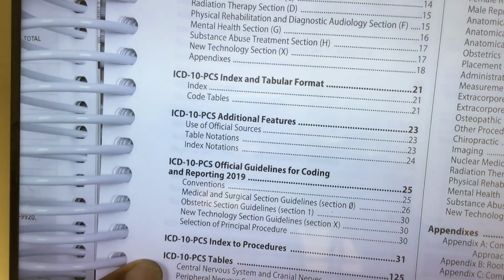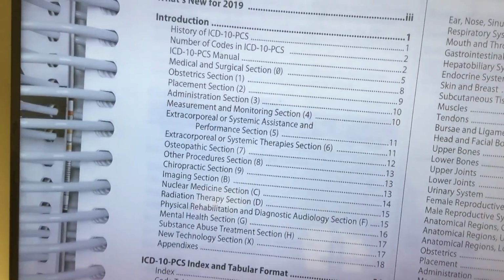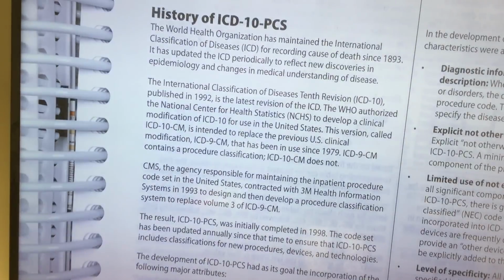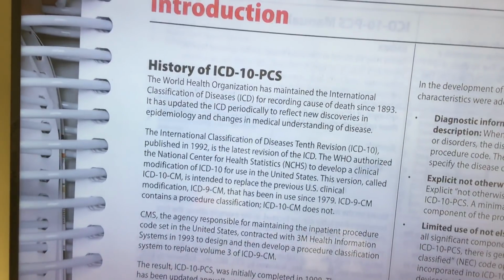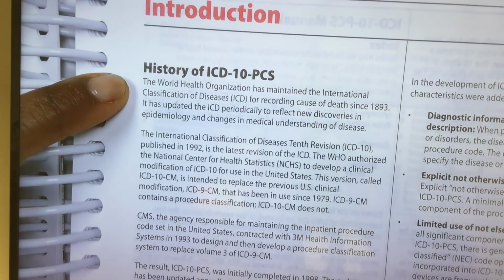The index and the tables are what we're going to be using as we learn how to dissect our operative reports and build our codes. So let's take a look at what's listed under the introduction. First, you have the history of the ICD-10-PCS system.